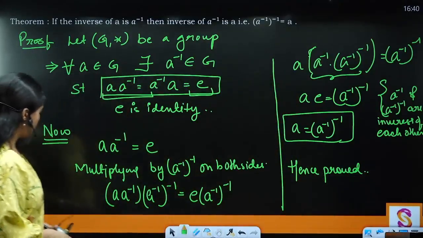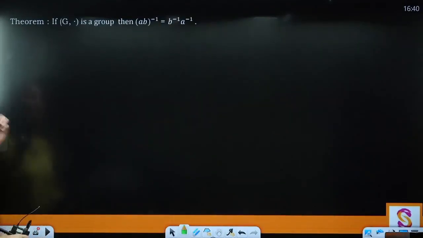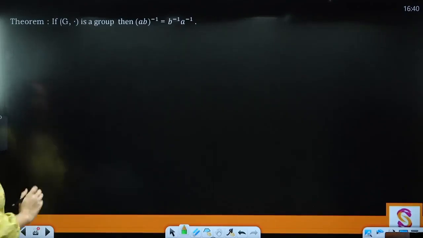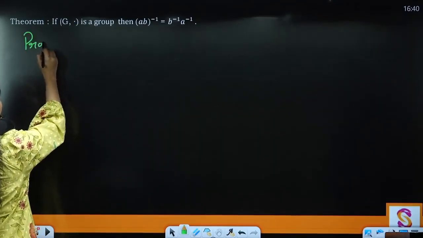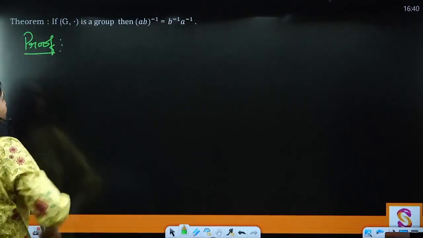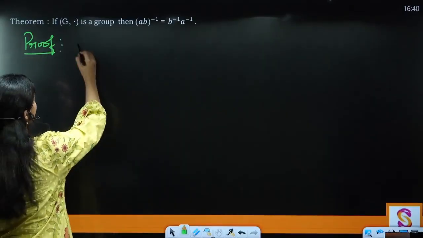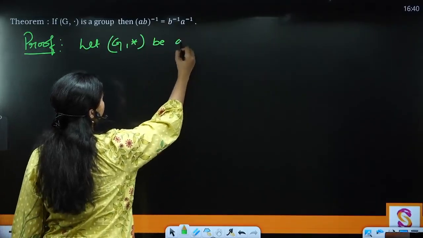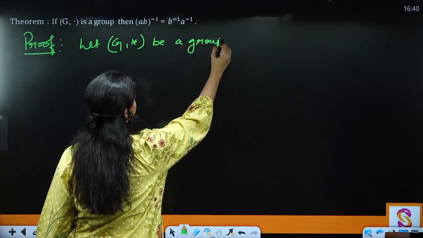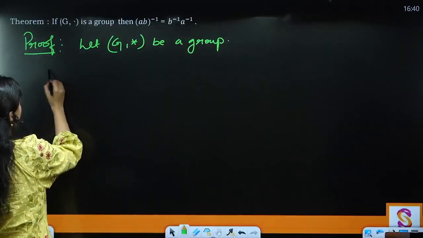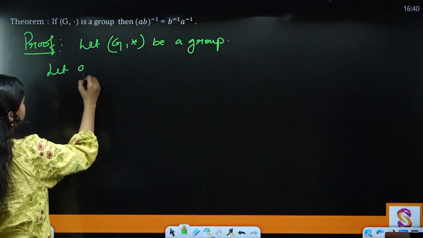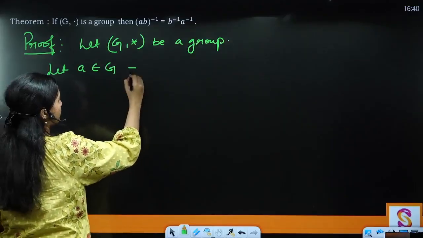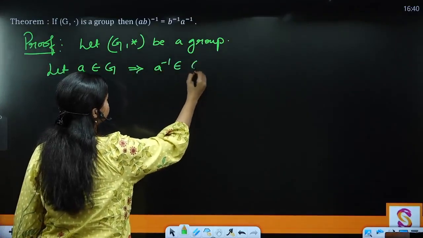Chalo. Next up we have, if G dot is a group, then AB inverse equals B inverse A inverse. Now let G star be a group. Let A belongs to G. This implies that A inverse belongs to G, right?